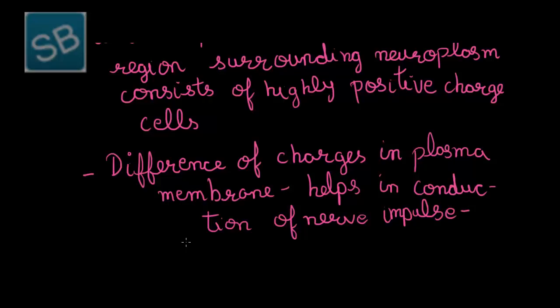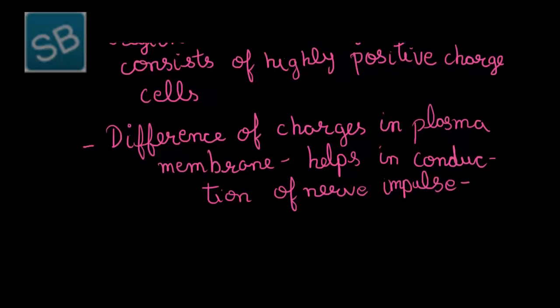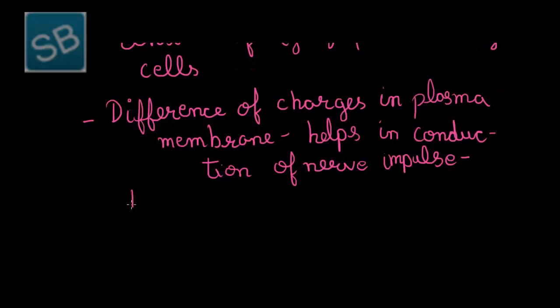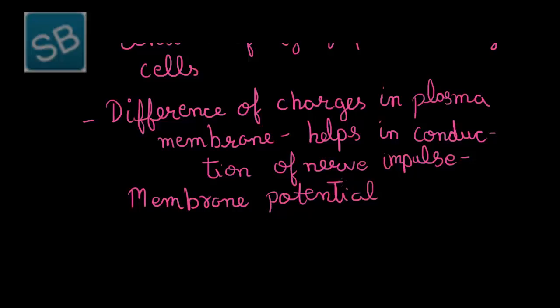This difference is known as membrane potential. Moreover, this difference in electric charges can be measured with the help of voltmeter or electrodes.